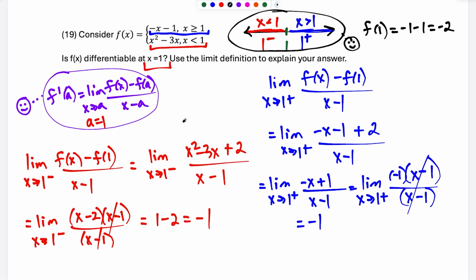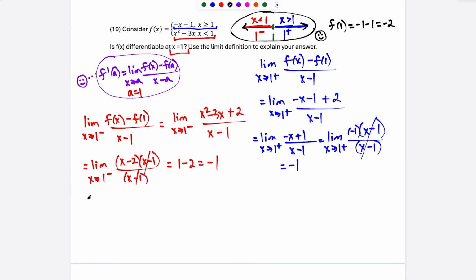But notice what we got here. The right side and left side limits are both equal. The left side limit was equal to negative 1, and the right side limit was equal to negative 1. So this tells us, since these two are equal, that the limit as x approaches 1 is equal to negative 1. So now let's just write that all out. We could say that the limit as x approaches 1 on the left of f of x minus f of 1 over x minus 1 was equal to the limit as x approaches 1 on the right.